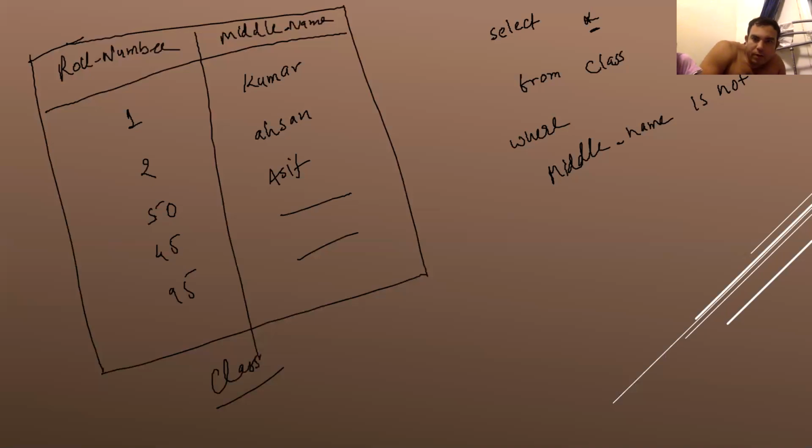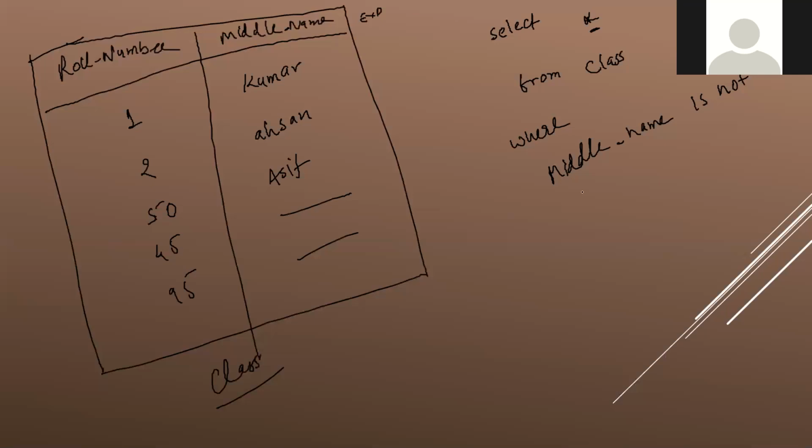Middle name is not null. Okay, so tell me the cases where middle name is not null. Suppose this is my expression. Is middle name null over here? No, it is not null, so is not null will return true. True, false, and false.